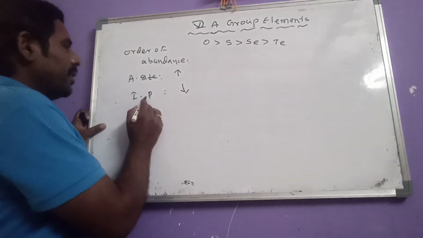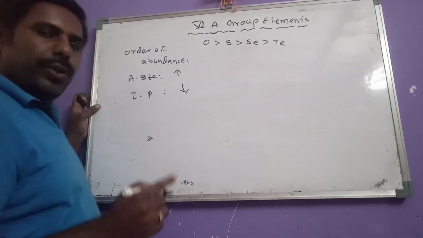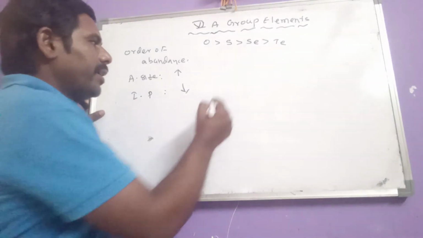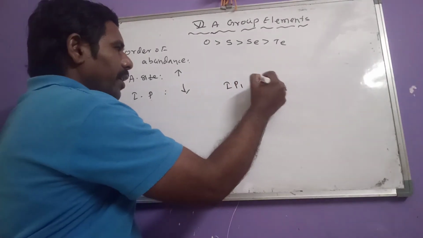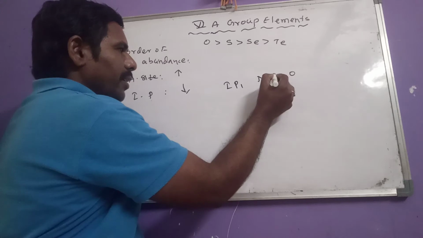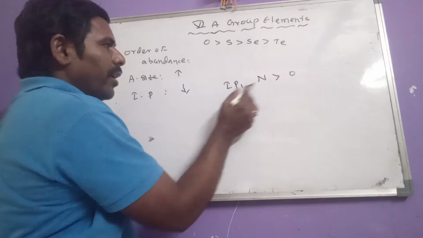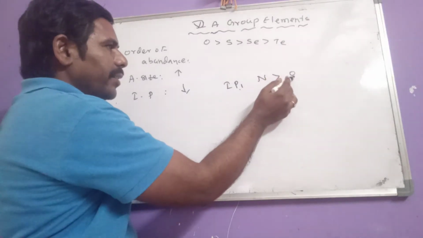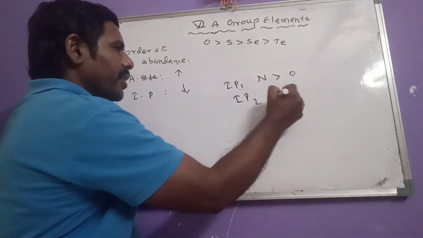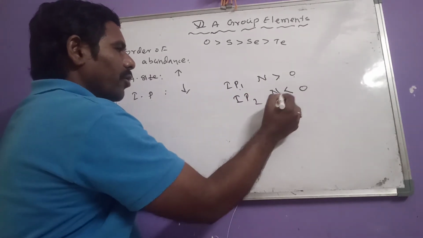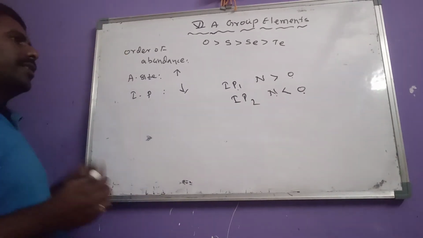But in the case of ionization potential, one important question here. If you consider the IP1 for nitrogen and oxygen, IP1 of nitrogen is greater than that of oxygen, but second ionization potential of nitrogen is less than that of oxygen.